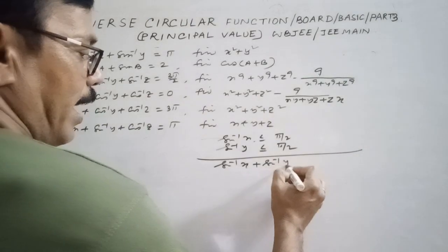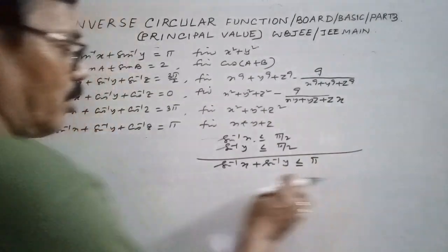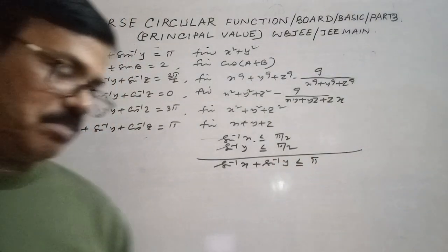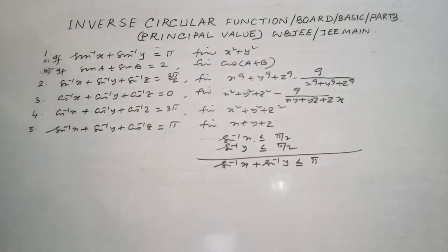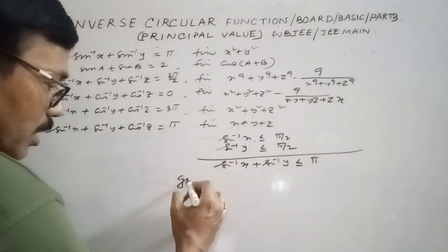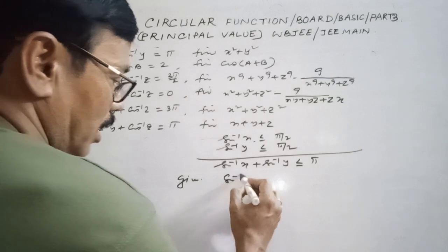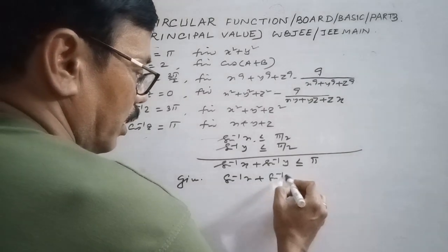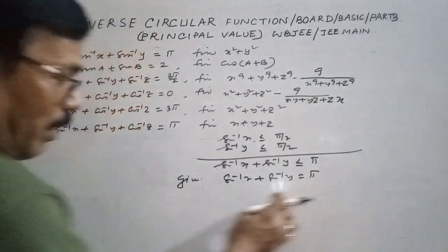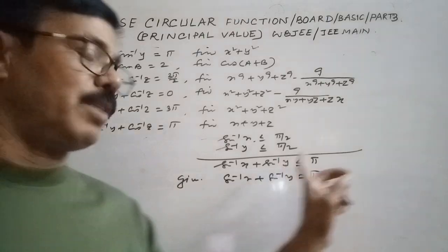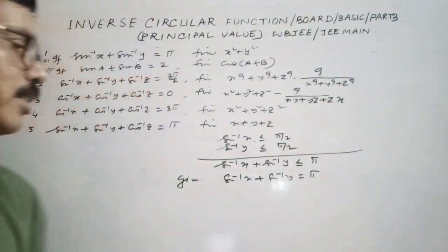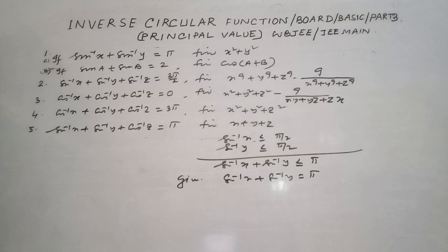If we add, we get pi. Now what is the given relation? Sin inverse x plus sin inverse y equals pi. That is, the maximum value of sin inverse x and sin inverse y is given.